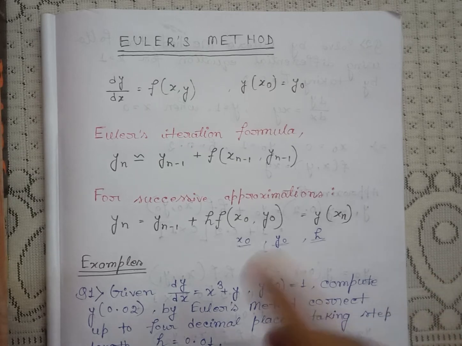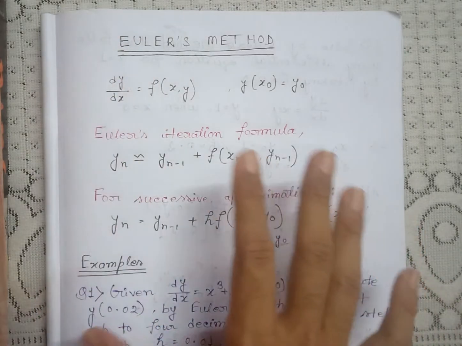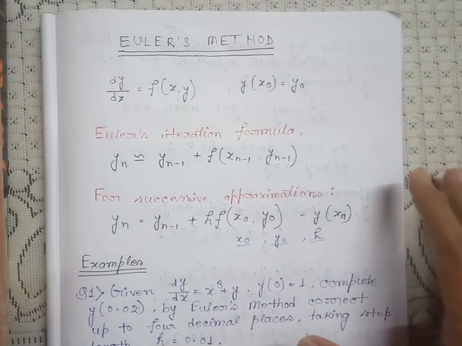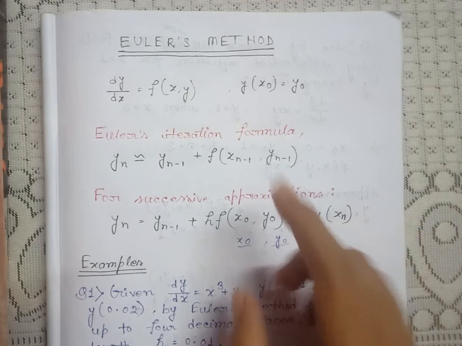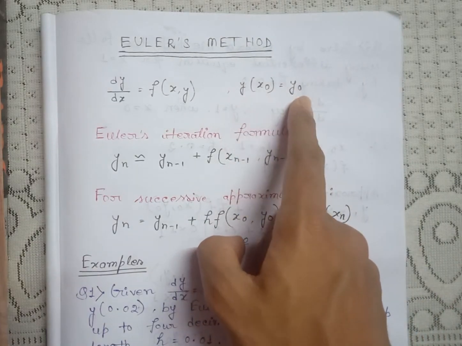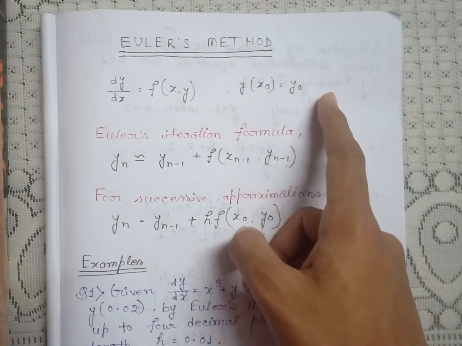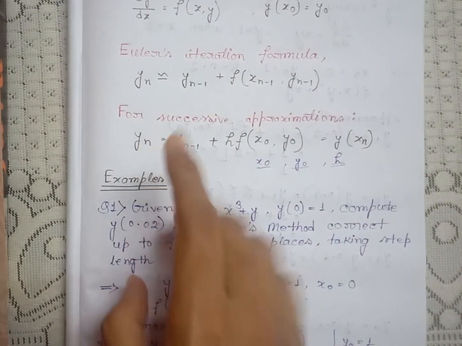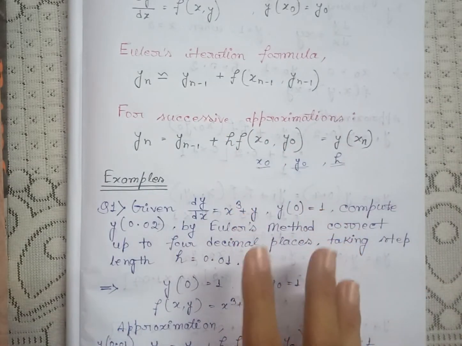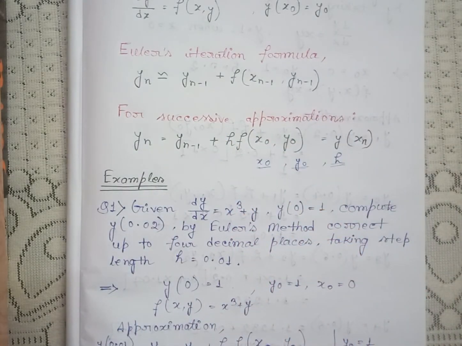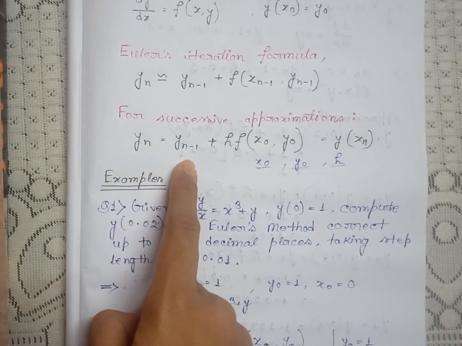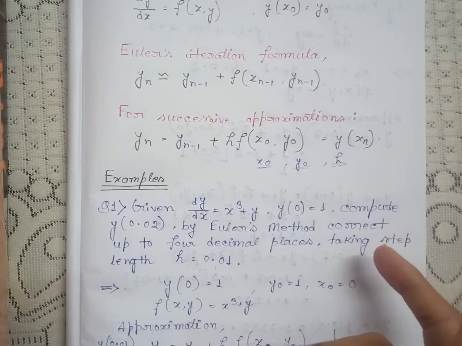Okay, so just consider that we will be given a first order first degree equation, and we will also be given these terms x0 and y0. You'll understand what x0 and y0 are later. This is our formula here. Whenever we are trying to calculate the value of, let's say, y of n, we will need to use the value of y of n minus 1 and x of n minus 1, right?